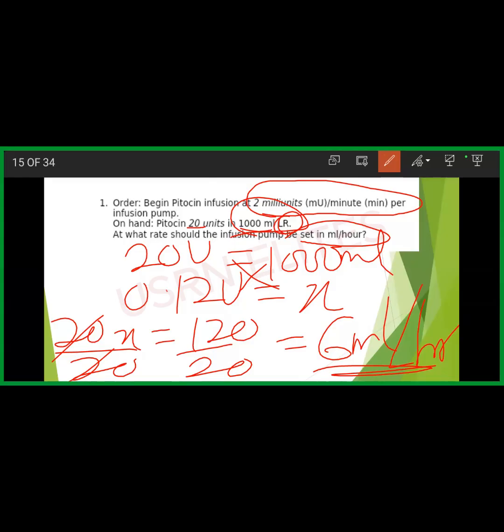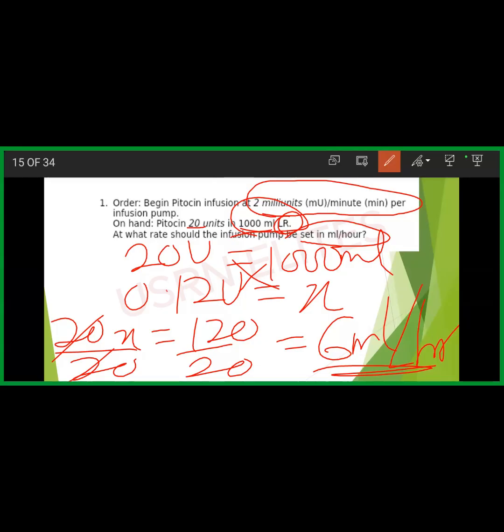And the question here is how should you set the flow rate, the infusion pump, in mils per hour? If you ask yourself why we should give all of this in 1 hour, you're asking your own question and producing your own answer.